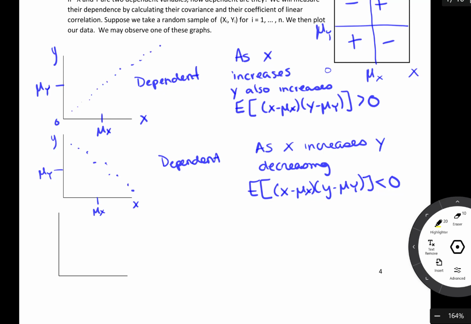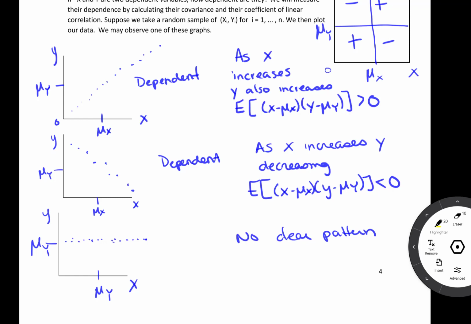Now, of course, the last option here would be that there is no dependency, or that they are independent. If they're independent, we're likely to see something that's just a horizontal line going across. In other words, we could say there's no clear pattern. By clear pattern, what we mean is either the up and to the right or the down and to the right pattern.